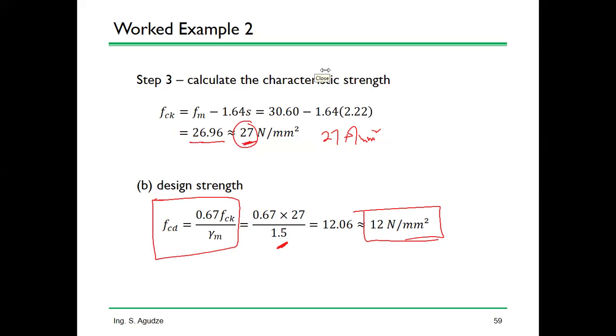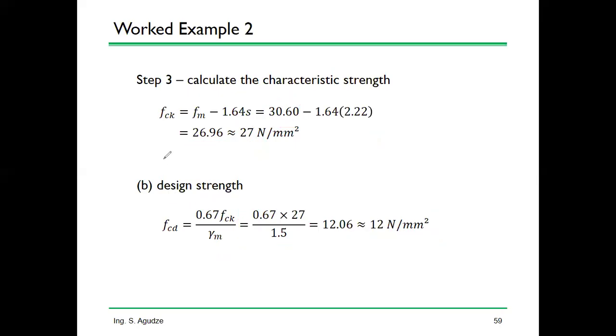That was 10. You get 36. Okay, but I wrote something different, right? Yeah, I wrote 30.6. So it's a typo error. That will be corrected in due course. Okay. Thank you, sir.